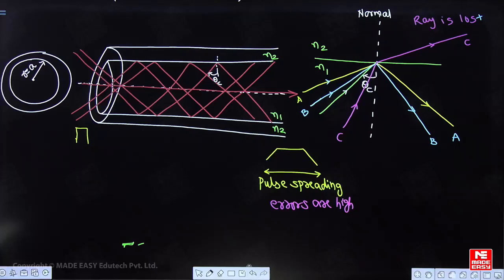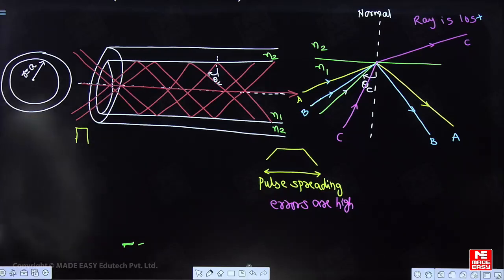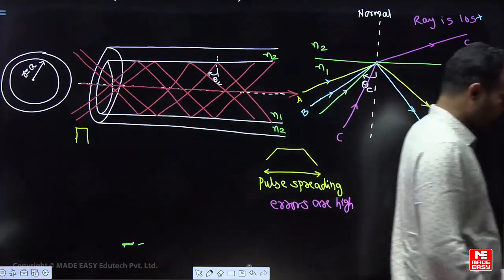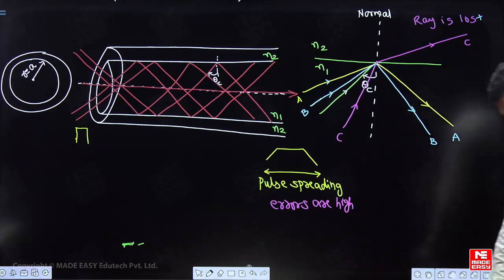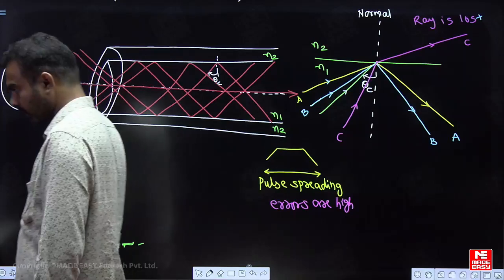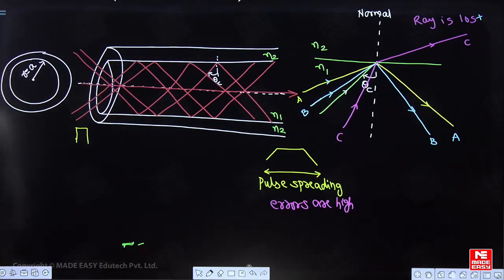In multi-mode step index fiber, due to non-uniform velocity, pulse spreading occurs and errors are high.